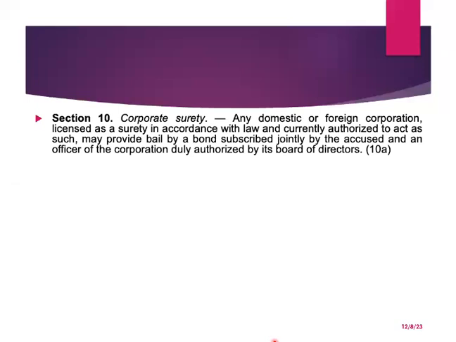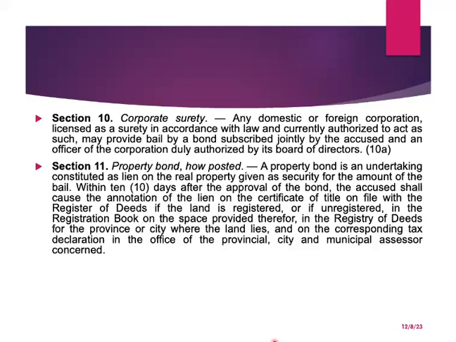And then Section 11, property bond. A property bond is an undertaking constituting a lien on the real property given as security for the amount of the bail.